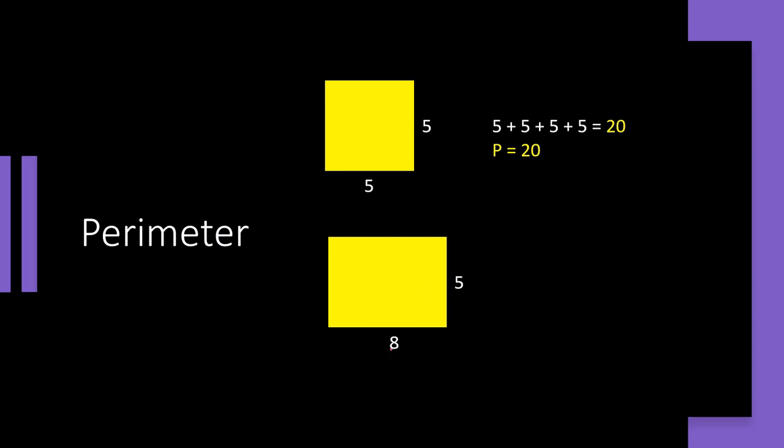And if this side is 8, this side is also 8 as well. So I'm going to add 5 plus 5 plus 8 plus 8, and that's going to be equal to 26. And therefore, the perimeter for this rectangle is going to be equal to 26.